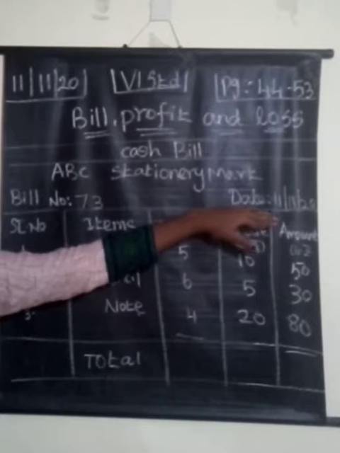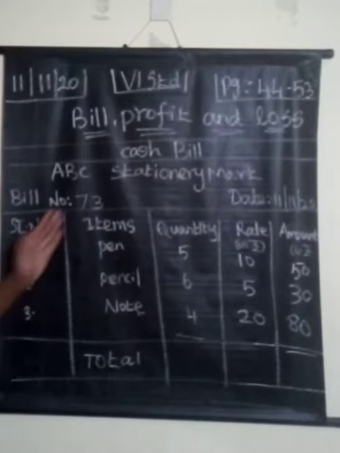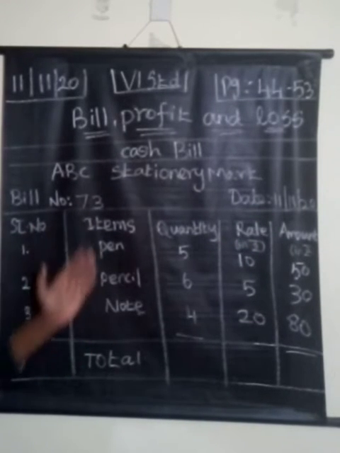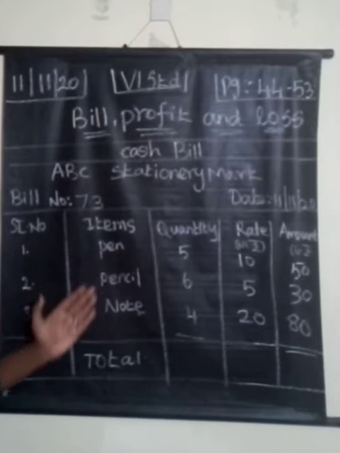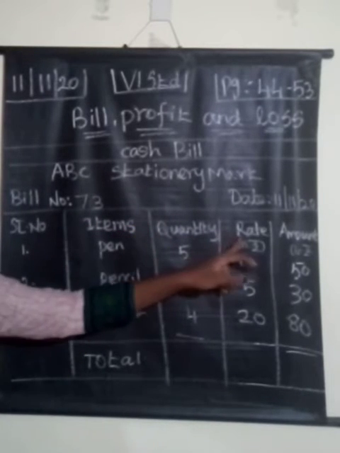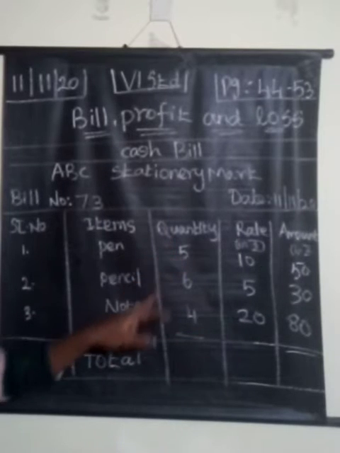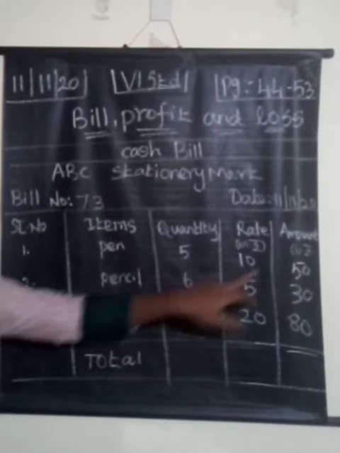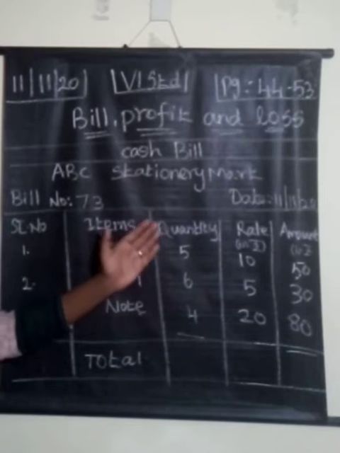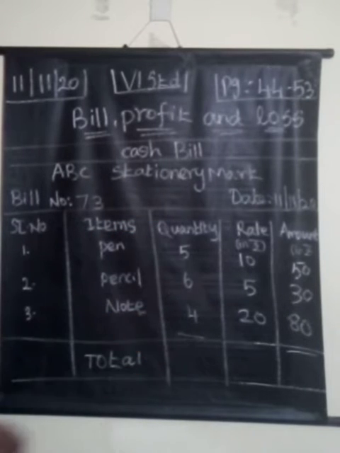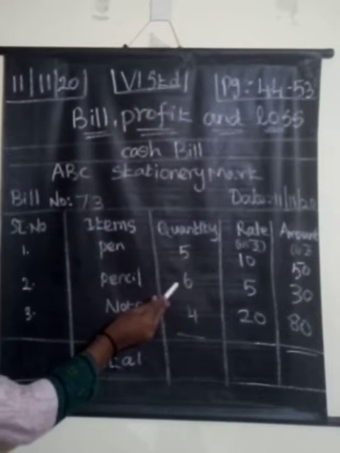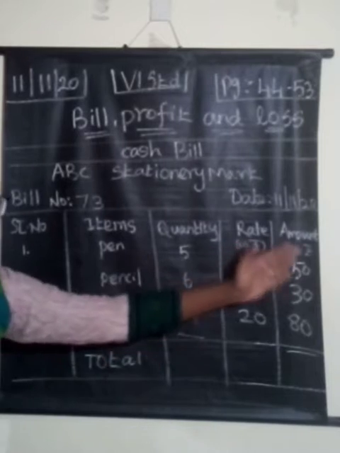Then the list of the items, the cost of each item, the quantity, and the total amount.